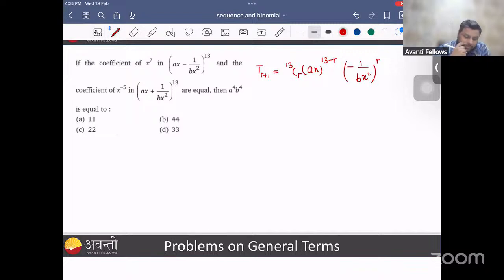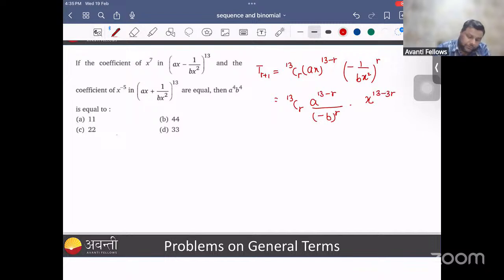Got it? So it is 13Cr a^(13-r) upon (-b)^r x^(13-3r).